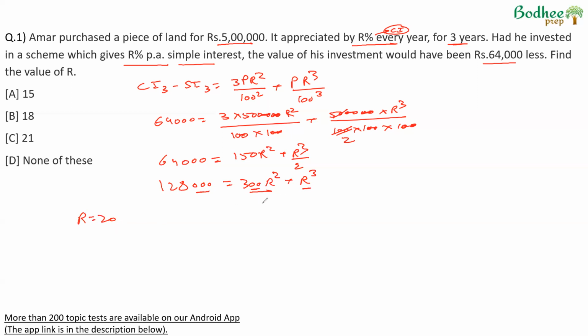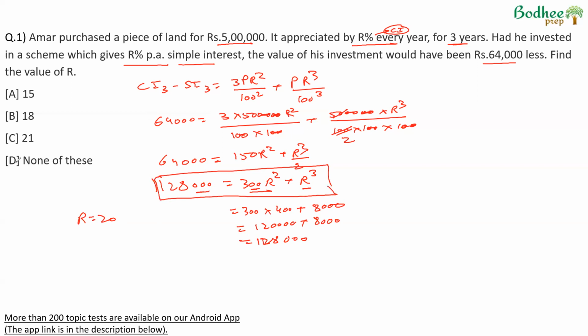If we keep R equal to 20, the right hand side will be 300 into 20 square is 400, plus 20 cube is 8,000, which becomes 120,000 plus 8,000, which is 128,000, which is the left hand side. And therefore at R equal to 20, this equation will hold true. Hence the required rate is 20%.